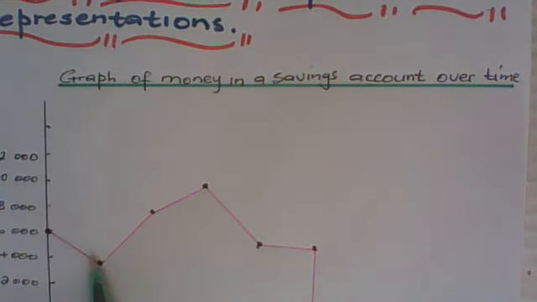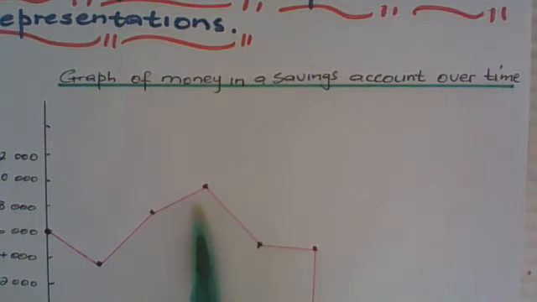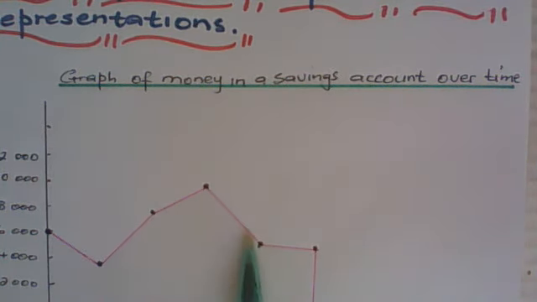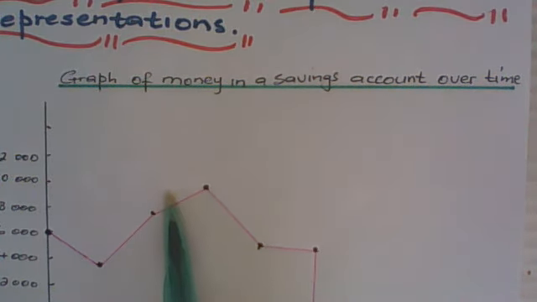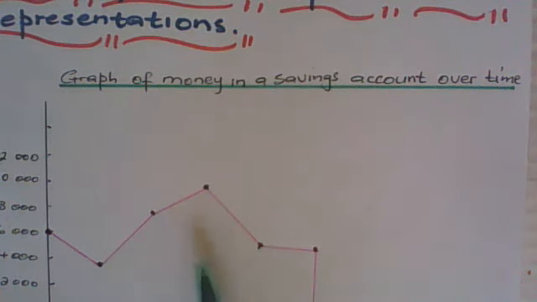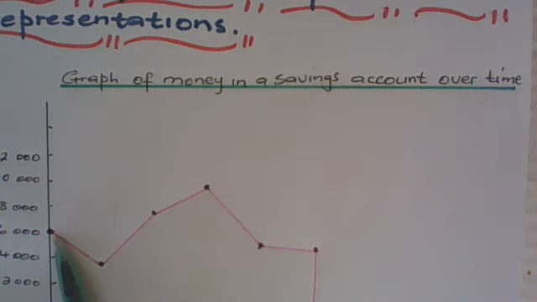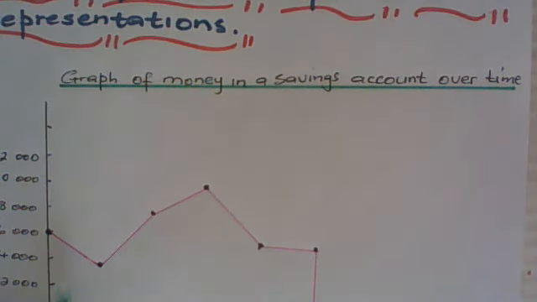From here, we look at the negative. 1, then deposit, 2, no deposit, 3. This is withdrawal number 1, withdrawal number 2, and withdrawal number 3.